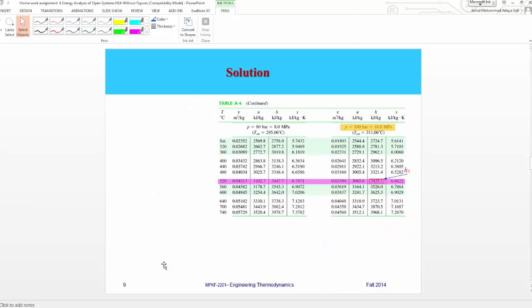So let's start with state 1. As you can see, for state 1, I have the pressure. I'm just showing you the table here.